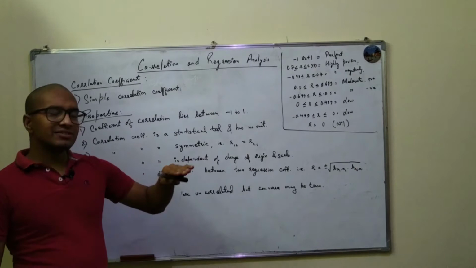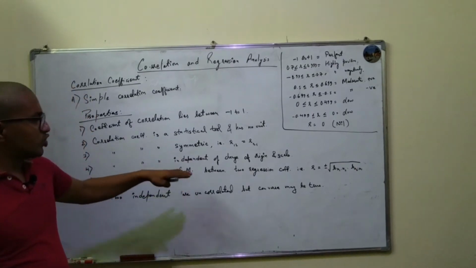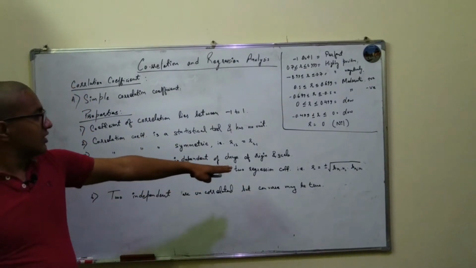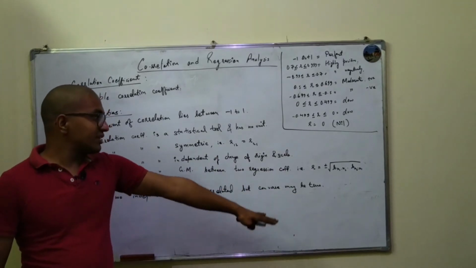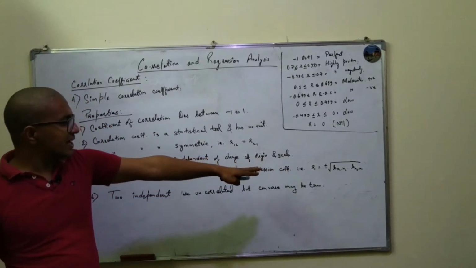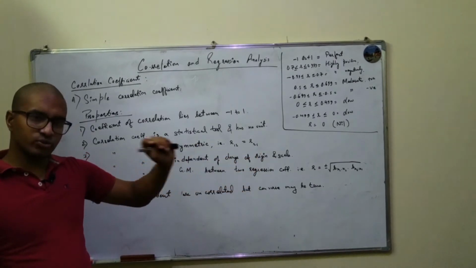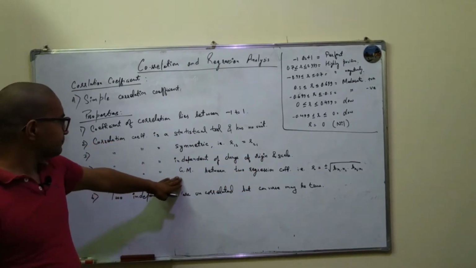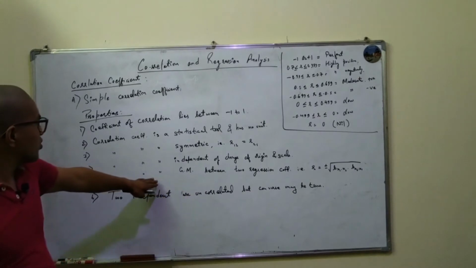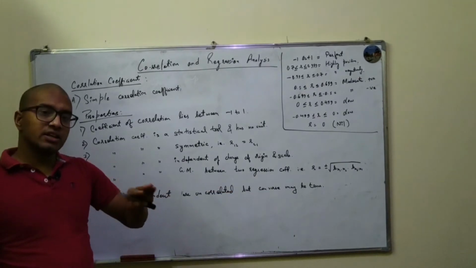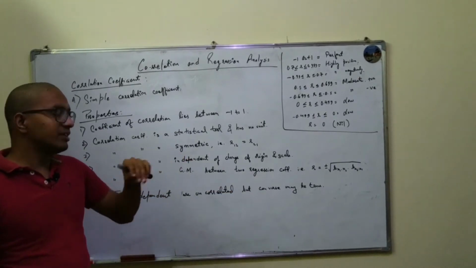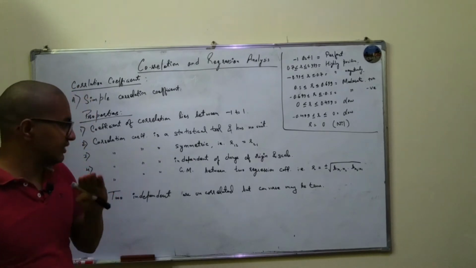The coefficient of correlation is the geometric mean of the two regression coefficients, that is r equals plus or minus the square root of bx1x2 times bx2x1.